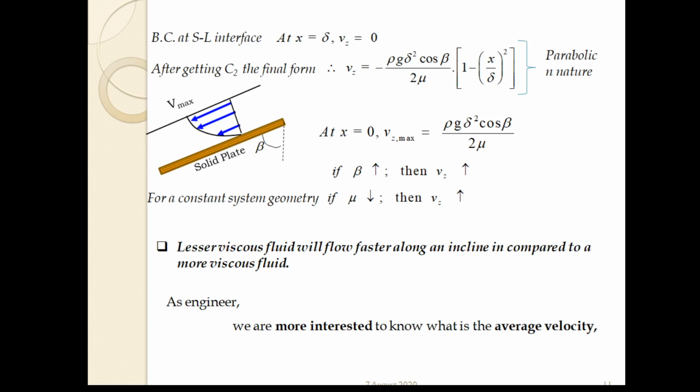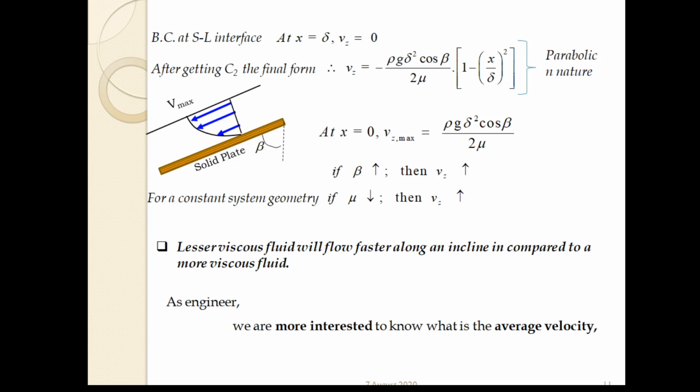So if we plot the velocity, we get a parabolic profile, and the velocity varies from 0 to some Vmax at x equals 0. In between it follows the parabolic path.